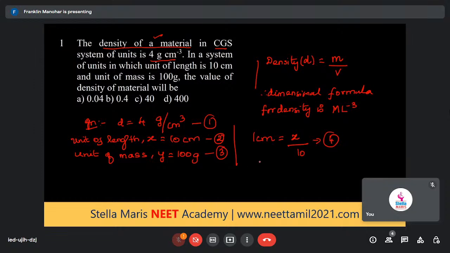And unit of mass is 100 gram, so 1 gram is equal to Y by 100. So equation 5. And therefore D is equal to 4 gram per centimeter cube.